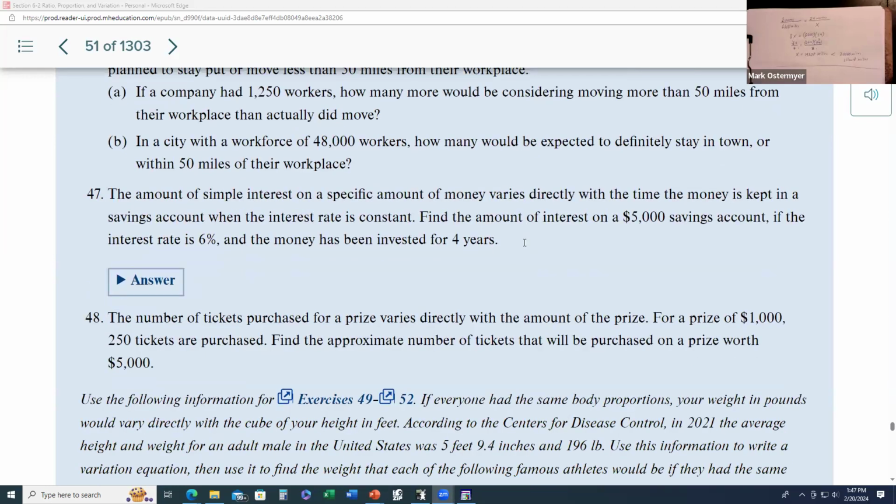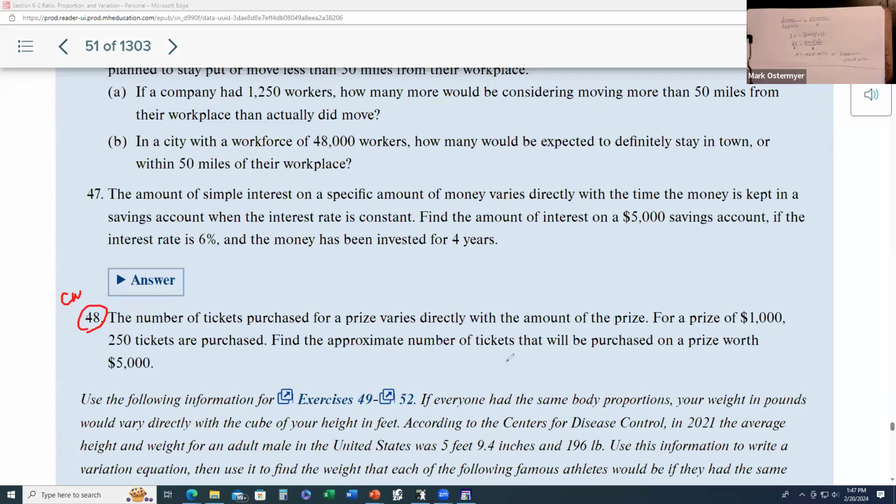Okay, let's see here. All right, number 48 is a direct variation. Let's see if you can do this for classwork. I forgot, I ran out of numbers. All right, ladies, I want to see if we can do this.